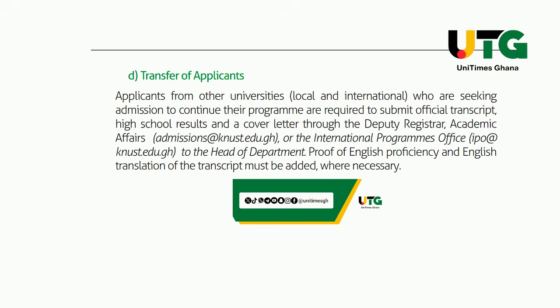And make sure whatever documents you provide are accurate, so that when you submit, you don't have to be moving up and down trying to solve challenges. Those are the processes you're supposed to go through to transfer from your current university to KNUST.